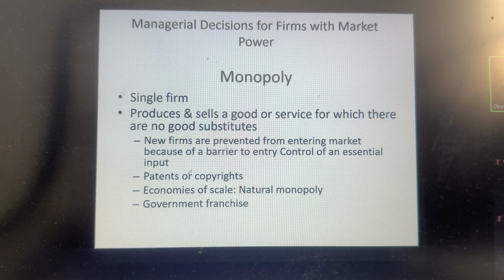Without that input, others cannot come into the market. So by controlling such a strategically important raw material, the existing firm can prevent newcomers from entering the market. Therefore, there will be one firm in the market. These are the reasons for monopoly firms to arise.